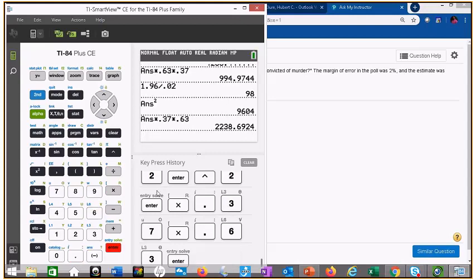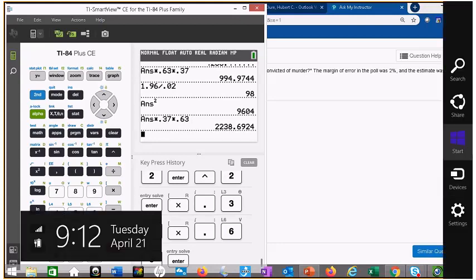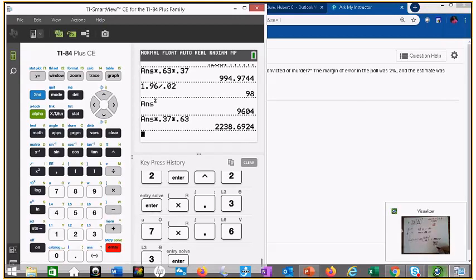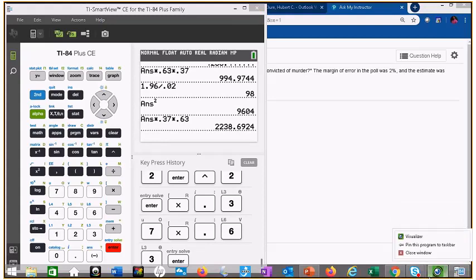There we go. I just did two different problems. I gave you a warm-up problem with 3%. So sorry about that. So that's going to be 0.02, and that's going to come out to be 2238.69, which is 2239. Of course, I would probably do 2300 if I was doing it.